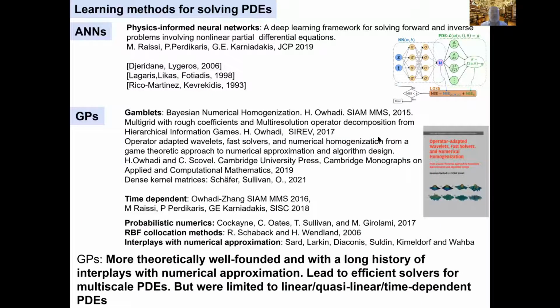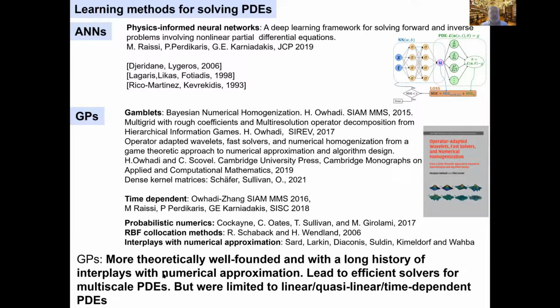Okay, so in the first example, we're going to frame the problem of solving and learning nonlinear PDEs as a computational graph completion problem. Now, there are essentially two main learning approaches to solving PDEs. Approaches based on artificial neural networks, with physics-informed neural networks as a prototypical example, and approaches based on Gaussian processes, with gamblets as an example.